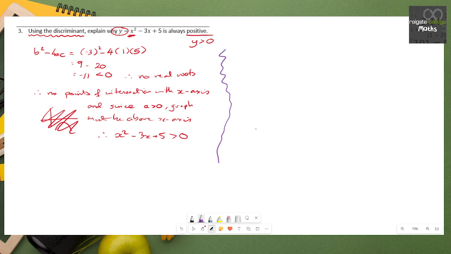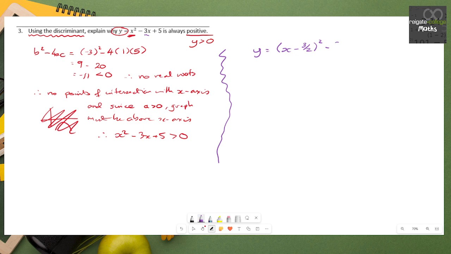Now, if we're going to do this question not using the discriminant, which is kind of the more expected way you would do it, is to do with completing the square. So we're going to take this and complete the square, which I'm aware is awkward because we've got an odd number here, but it's fine, we can deal with it.